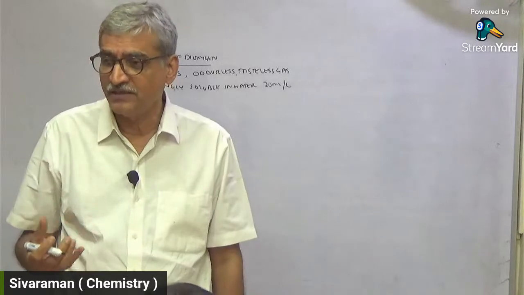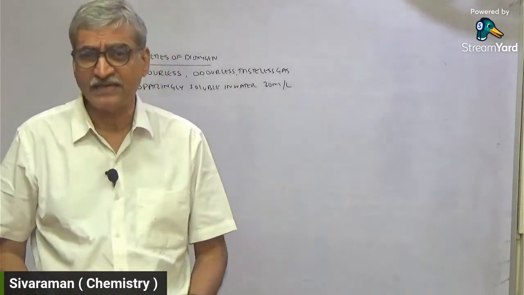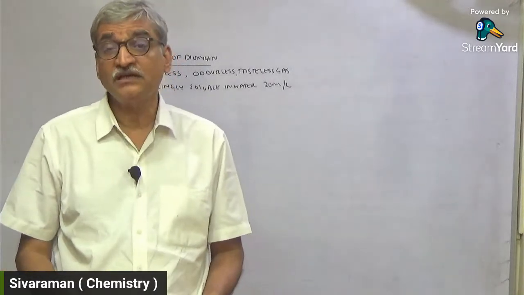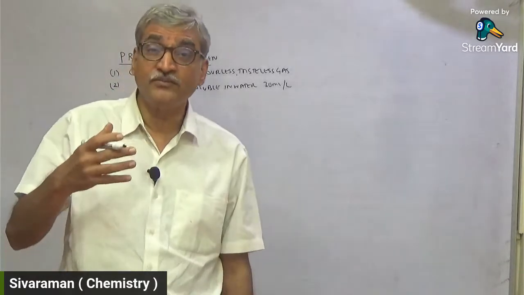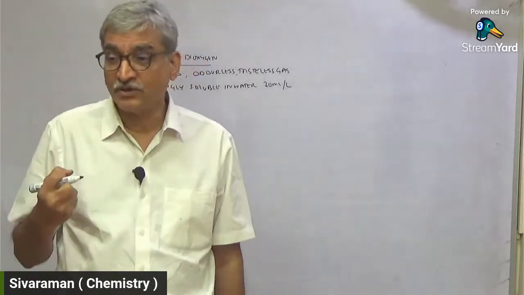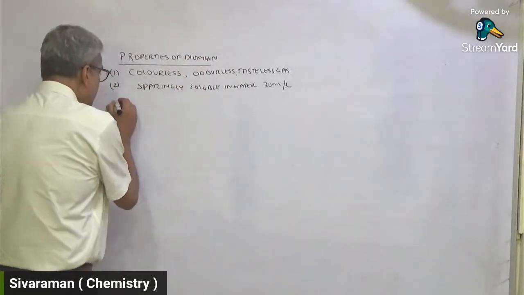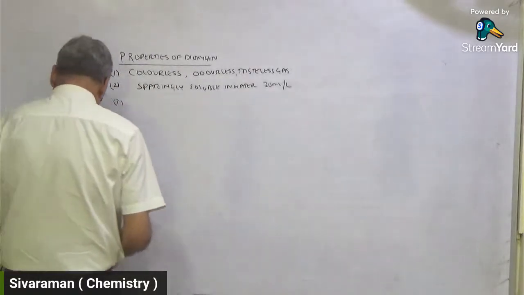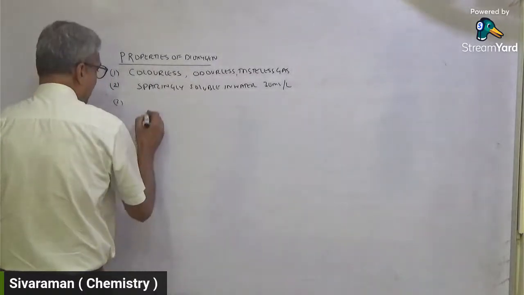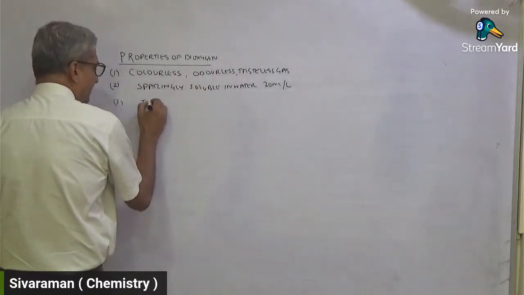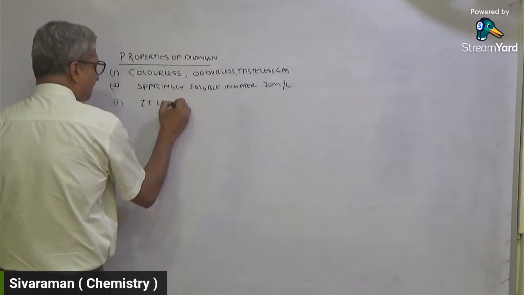You could have sudden oxygen deficiency, and accidents can happen. So with certain chemicals you have to be very careful because they can absorb the oxygen. The third point is very important, that it can be absorbed in alkaline pyrogallol.